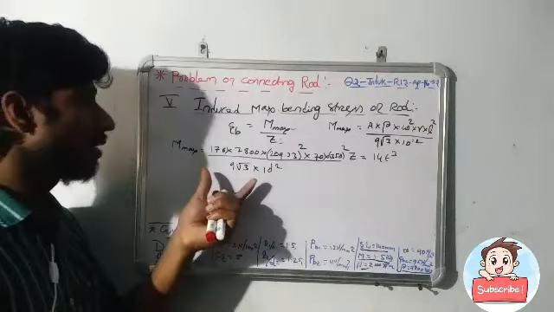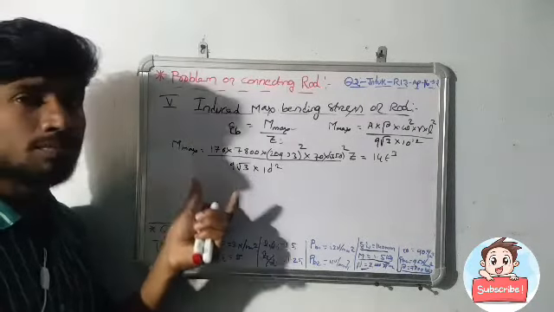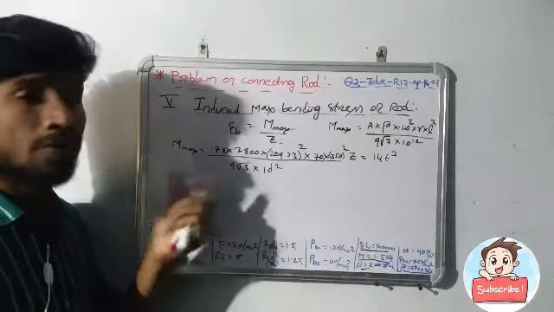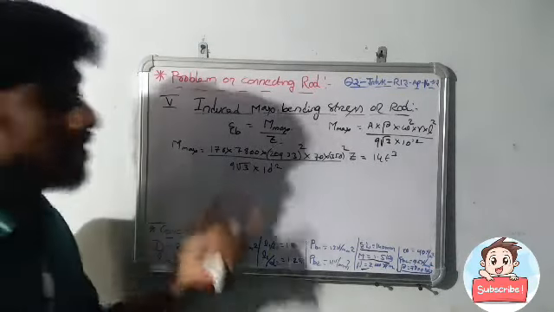So this is the M maximum. By simplifying this, we get the overall value of M maximum.